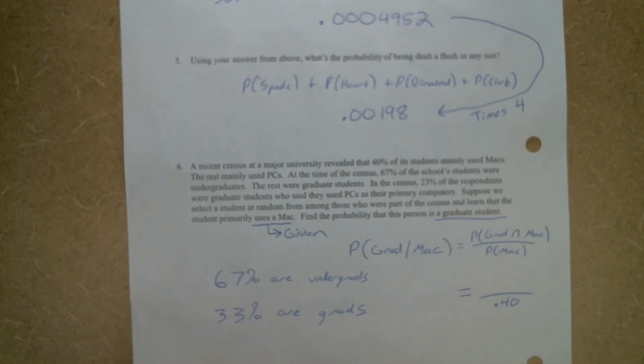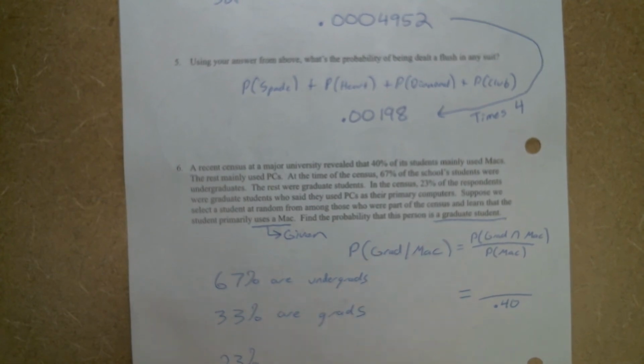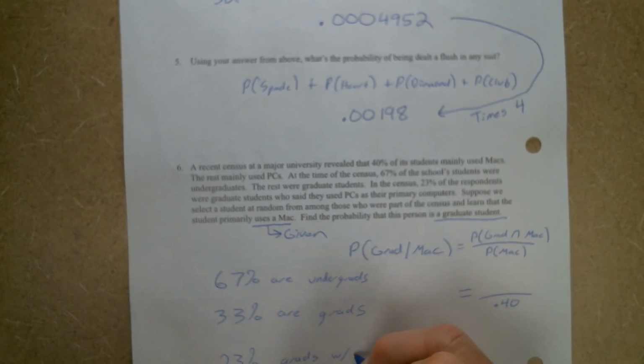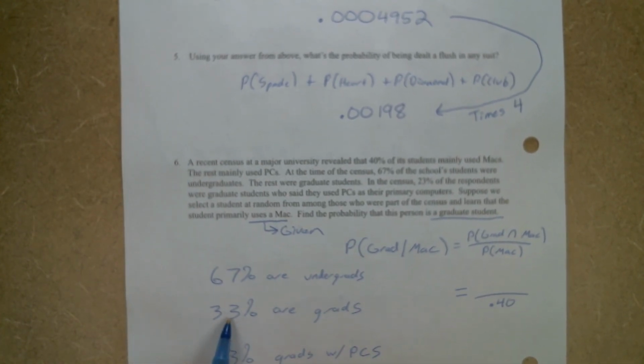It tells us that 23% of all students were graduates with PCs. And if we know that 33% are graduate students and 23% are graduates with PCs, that must mean that it's 10% that are graduates with Macs.